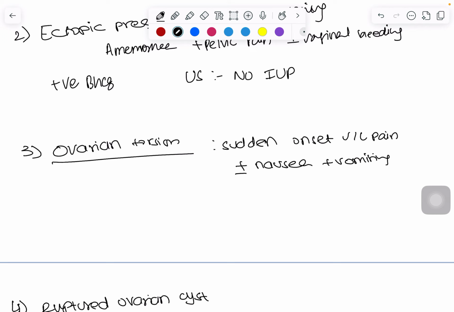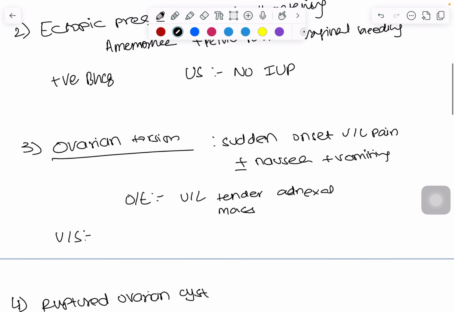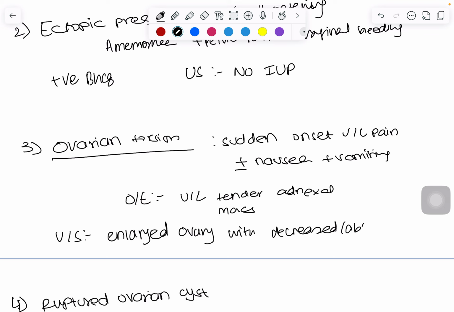All right, so on examination, the patient will have a unilateral tender adnexal mass, and when you get an ultrasound done with Dopplers, it will show that the ovary is enlarged with decreased or absent blood flow to the ovary.